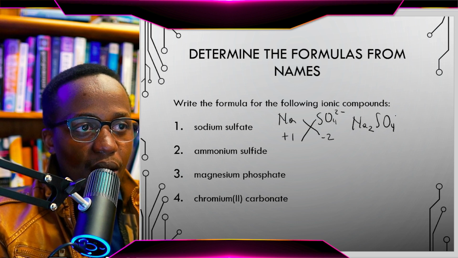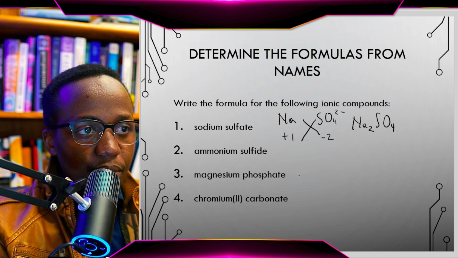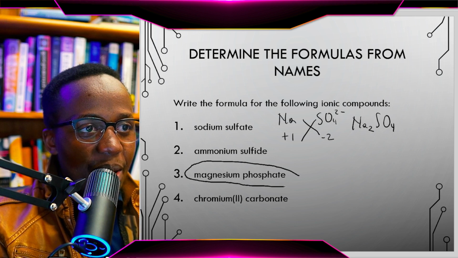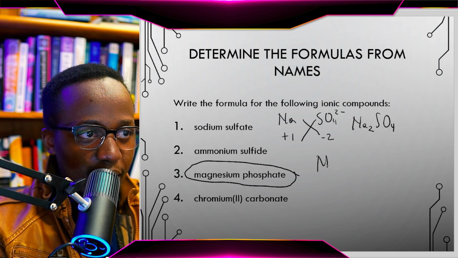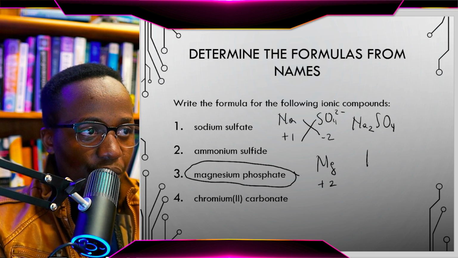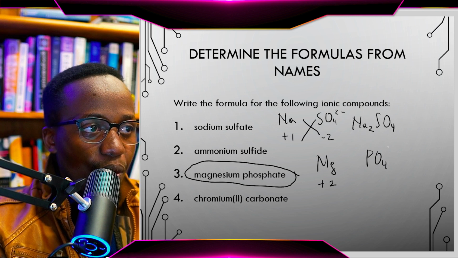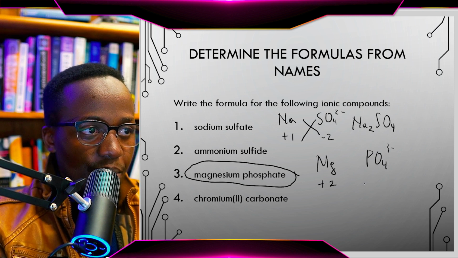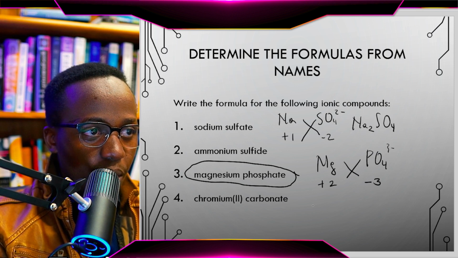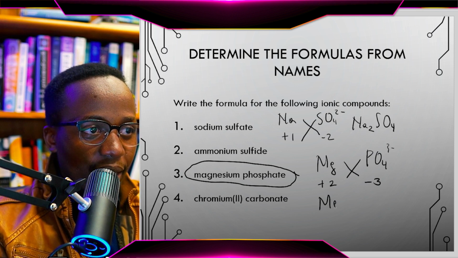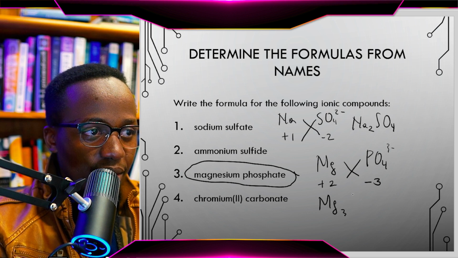That's what we do. And then, for example, if I have magnesium phosphate, same thing. Magnesium is +2. Phosphate is PO4 3 minus, meaning that it has a charge of -3. So if you do the cross, magnesium gets 3, phosphate gets what?